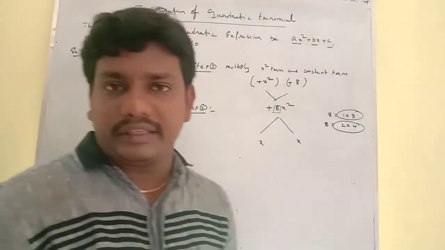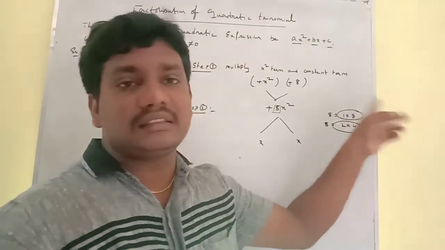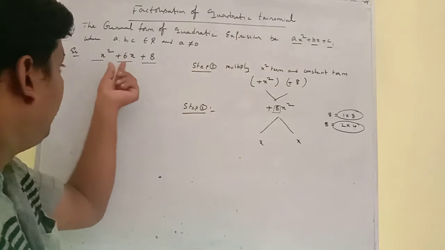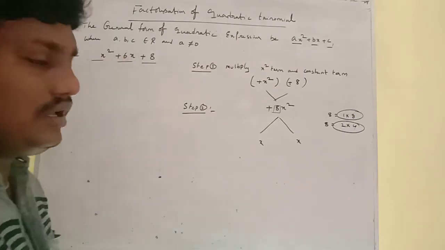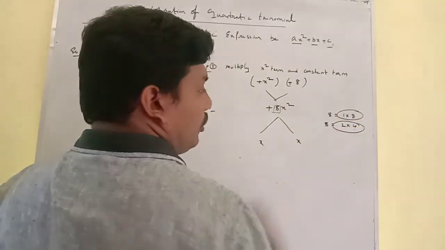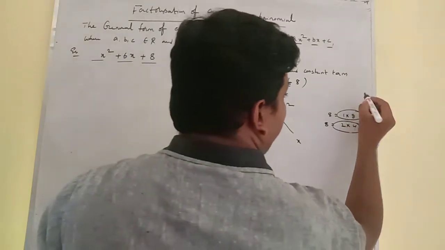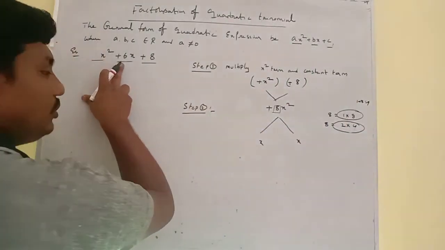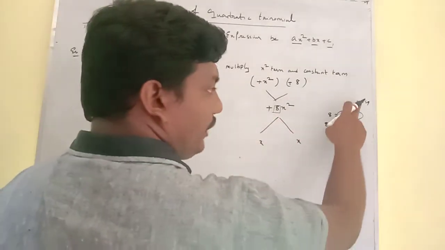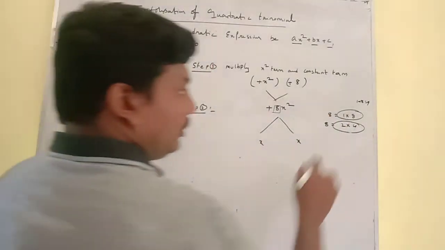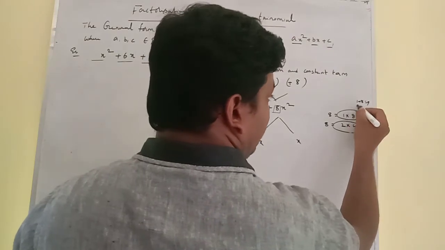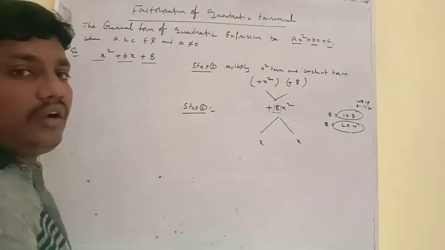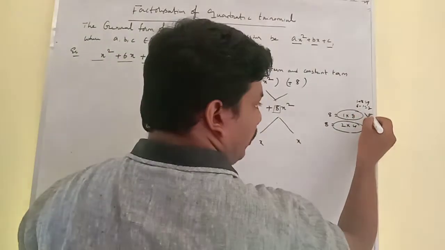In these two possibilities, the sum or difference of the factors should become the middle number, that is 6. For 1 and 8, the sum is 1 plus 8, which is 9, so not suitable. The difference, 8 minus 1, is 7, but we need 6. So this set of factors is not suitable.